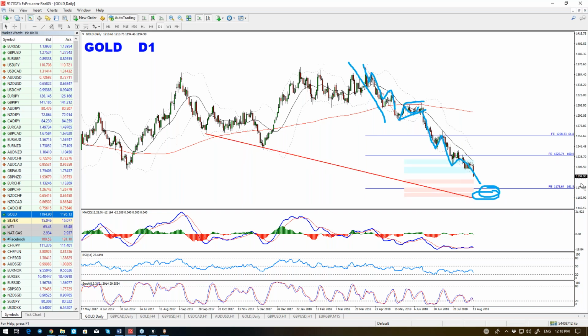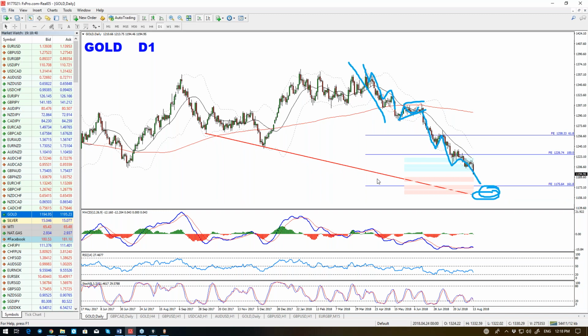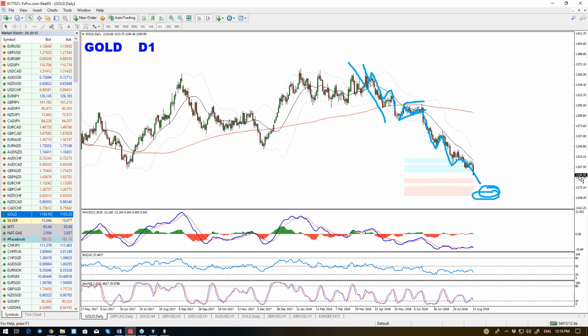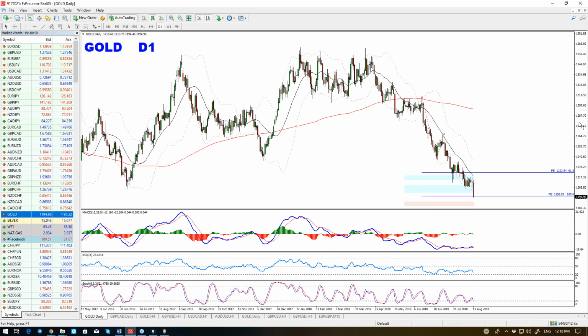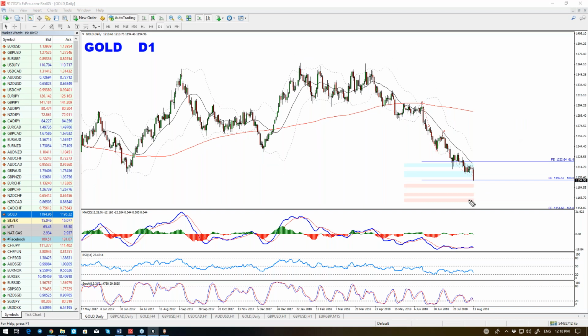We are heading towards this zone, where very likely we will see a great fight. We have an alternative trend line there. We have full extension there of the big cycle, and we have the short cycle coming to the same place. That becomes a critical area, 1180 and lower.